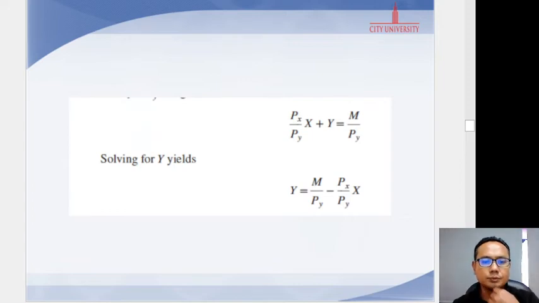It is useful to manipulate the equation for the budget line to obtain an alternative expression for the budget constraint in slope-intercept form. If we multiply both sides of the budget line by 1 over Py, solving for y yields y equals m over Py minus Px over Py times x.